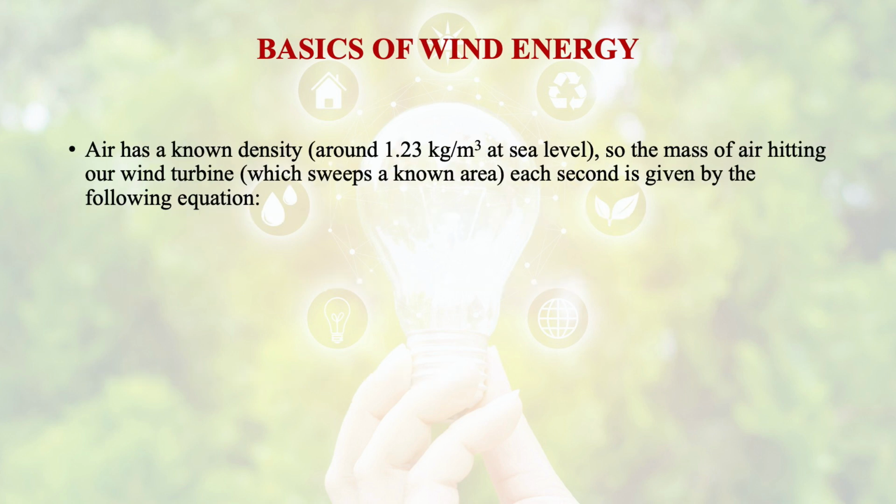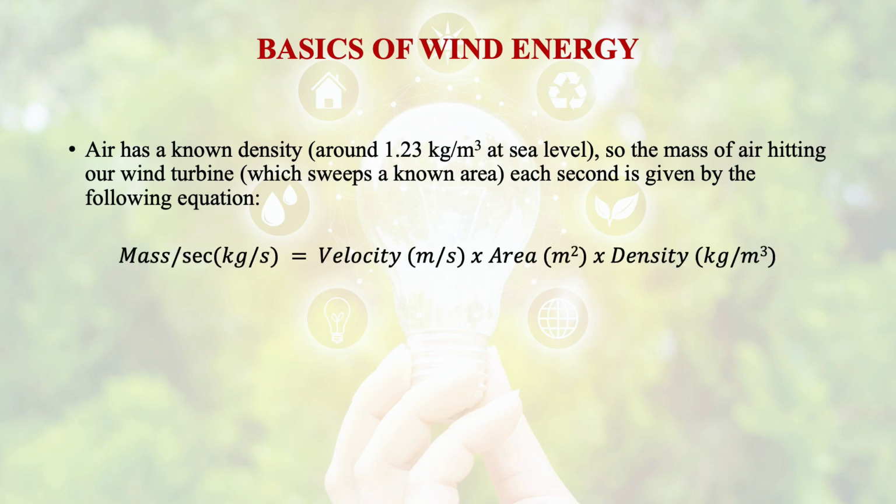Generally, air has a known density and it is around 1.23 kg per meter cubed at sea level. So the mass of air hitting our wind turbine, which sweeps a known area each second, is given by the equation: mass per second is equal to velocity into area into density.